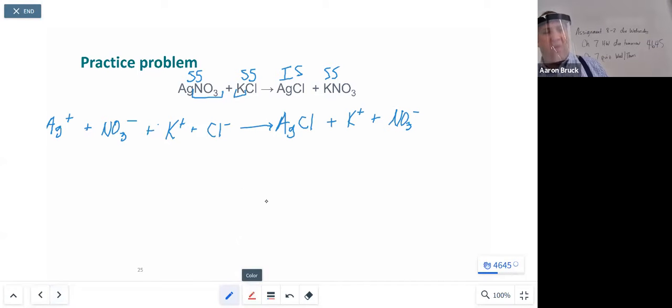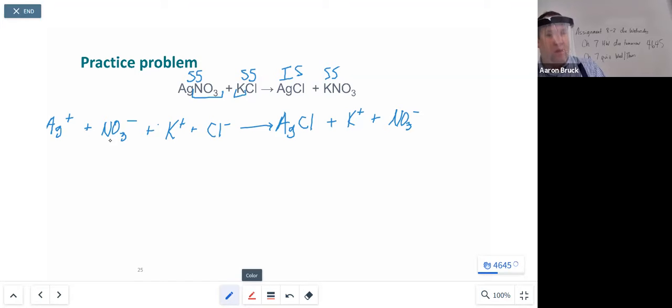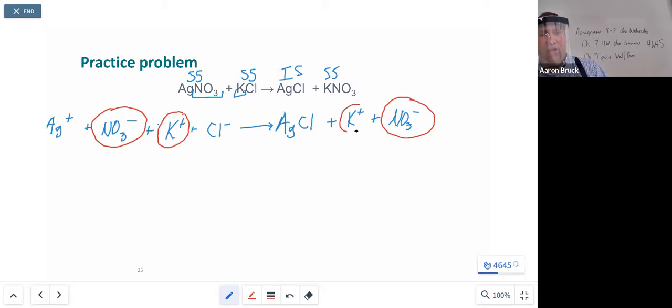Now we need to go about the process of removing the spectator ions to turn this ionic equation into a net ionic equation. So I can look at this and see, okay, I've got nitrate on the one side and on the other. I've got potassium on the one side and on the other. Those cancel.